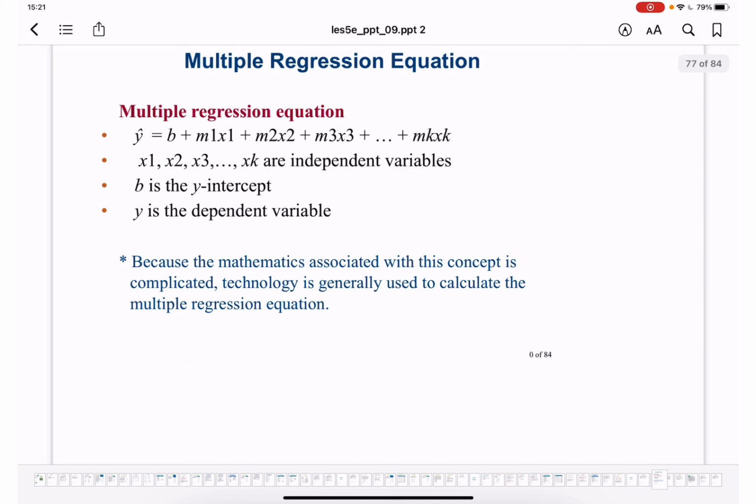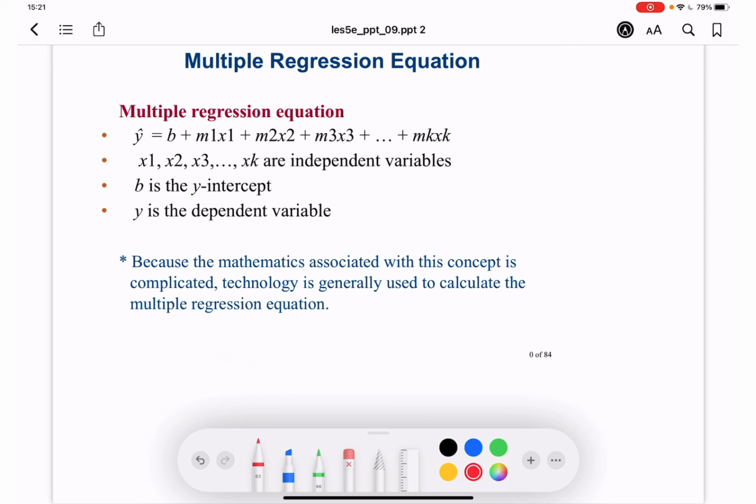So the model for the multiple regression equation is this one. Y hat, that's our response variable, is equal to b, which is going to be our intercept. We are following y equals mx plus b, so this is our b. m1, x1, those are slopes with x's, because remember we said we can have several x's.